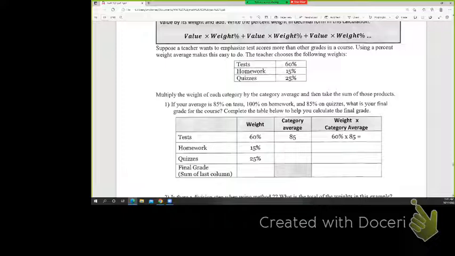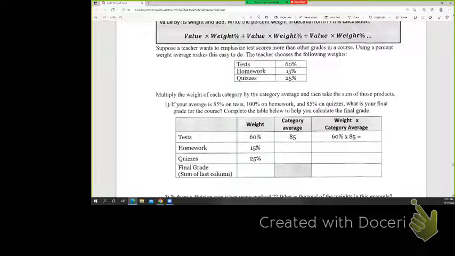Sometimes people get really hung up on the homework, and I want you to do the homework, but the big thing is that you can do the test because that is weighted more heavily. This weighting should always add up to 100%. If it doesn't, they don't have the whole grade accounted for.